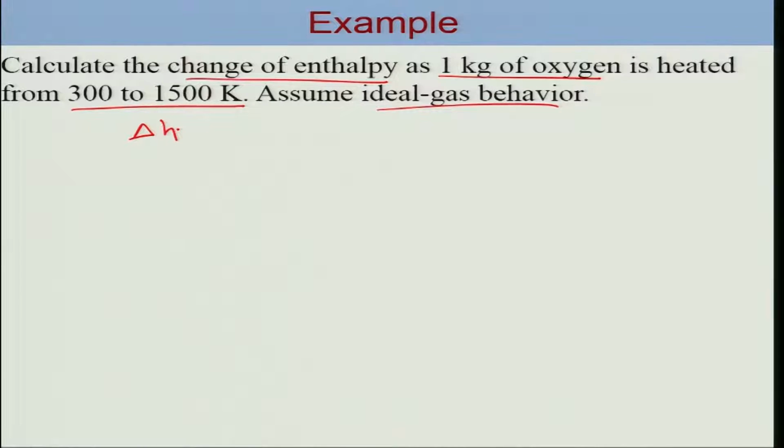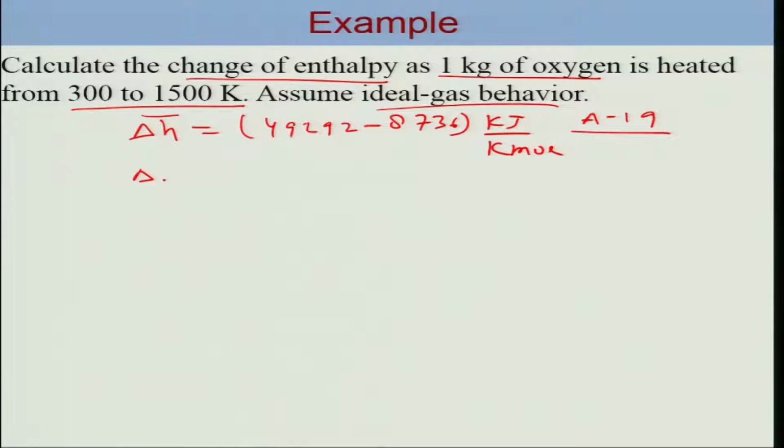One is calculating delta h directly from the table. For the case of oxygen, the relevant table is A-19, and in this table, h is given on a molar basis. So delta h for 300 to 1500 will be on the molar basis based on table A-19, and the values are 49,292 minus 8,736 kilojoules per kilomole.